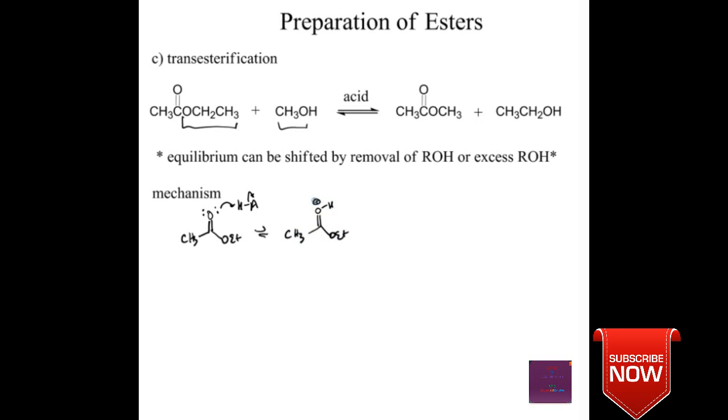That makes a super electrophile here. We look around for a nucleophile. Now we can have our nucleophile attack. So remember, acid catalyzed, we do protonate, then attack, and then deprotonate. So here's our attack. And then we deprotonate.